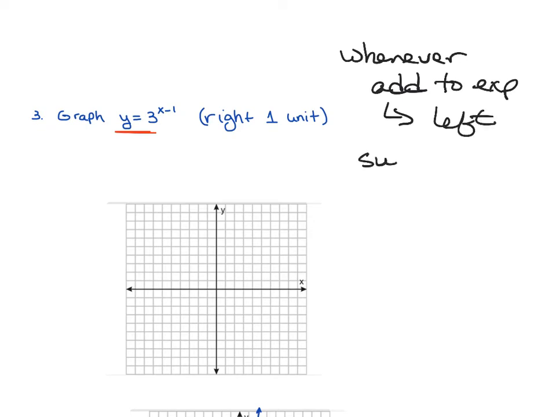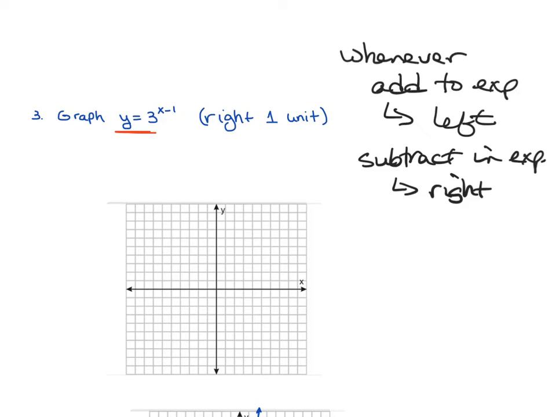If you subtract in the exponent, or to the exponent, that would be a shift to the right. So again, just like before when we were doing the shifts left and right, it's opposite of what you think. Because again, that subtraction sign or that negative sign is part of the formula.